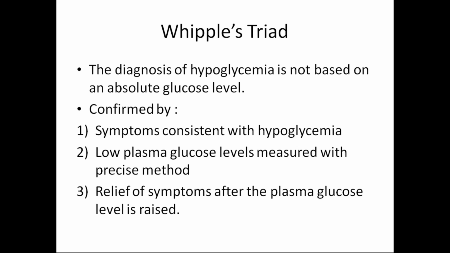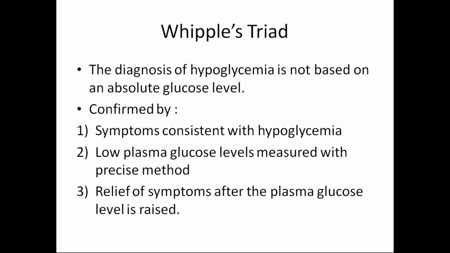If the patient is having symptoms, the symptoms should be present, which should be sweating, palpitations. We'll discuss the symptoms of hypoglycemia later. So first, the symptoms should be present. And when you suspect that these symptoms are because of hypoglycemia, we have to diagnose it with the plasma glucose levels.